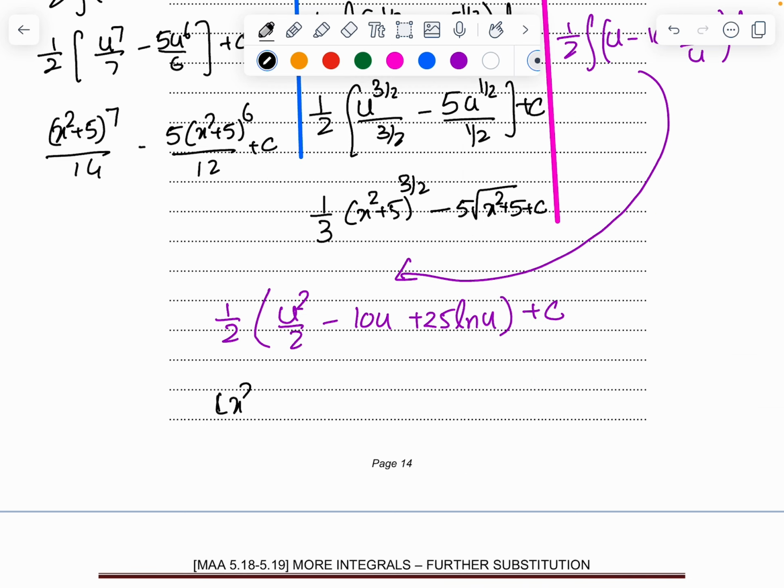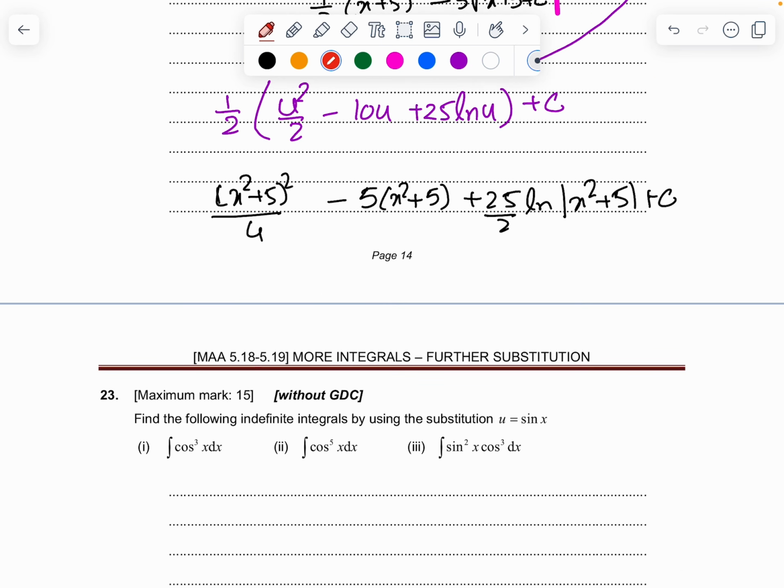So x square plus 5 whole square upon 4 minus 5 times x square plus 5 plus 25 upon 2 ln of x square plus 5 plus c. Now here be careful, you can leave it out over here or you can further simplify, or just leave it out over here for the moment.